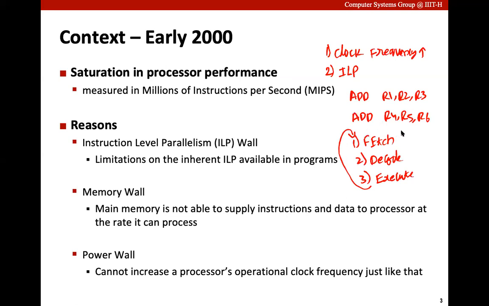This is the semantics that is given to the programmer. For example, the processor fetches an instruction, decodes it, executes it, and then it goes to the next instruction, fetches it, decodes it, and executes it.